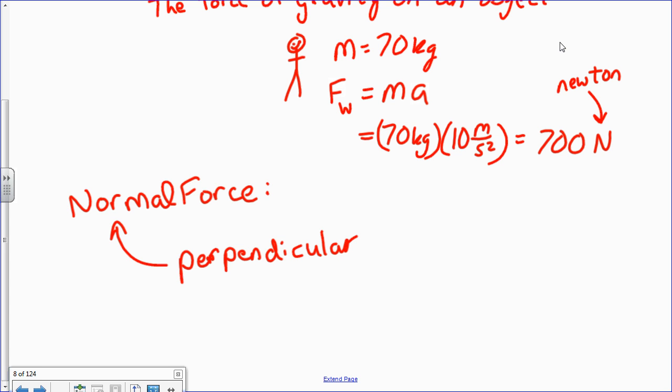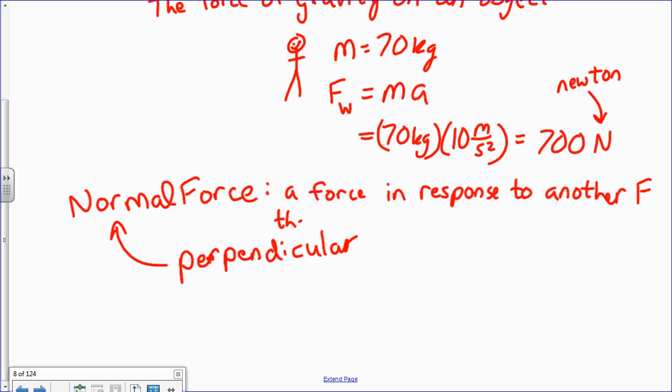So a normal force is a force in response to another force that is perpendicular to the surface.